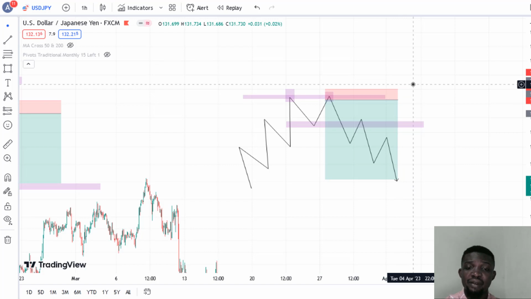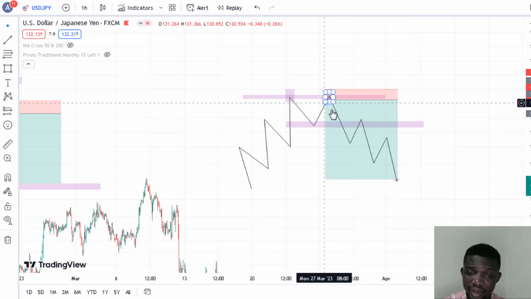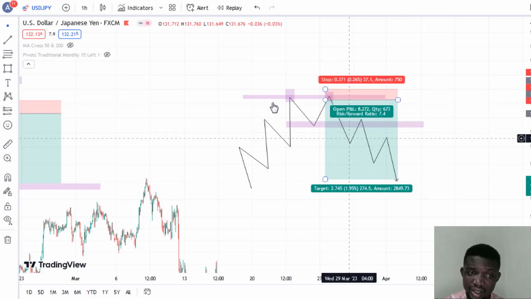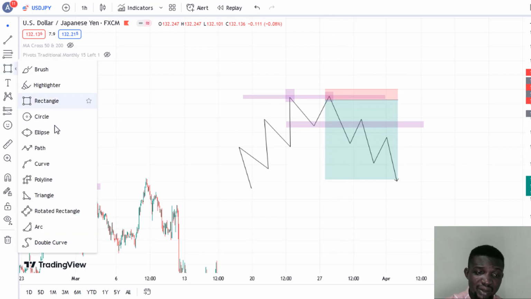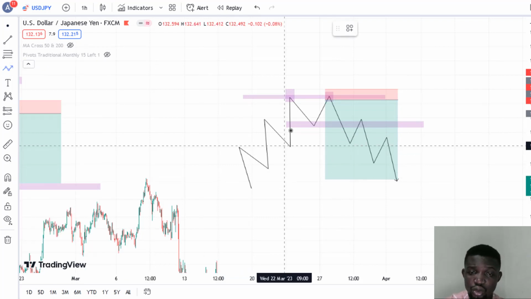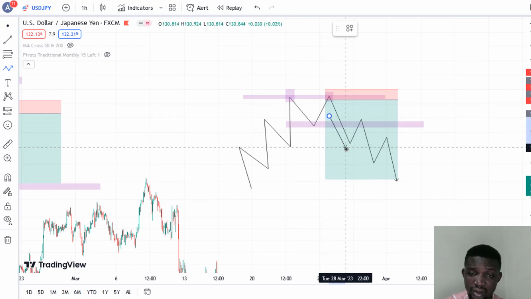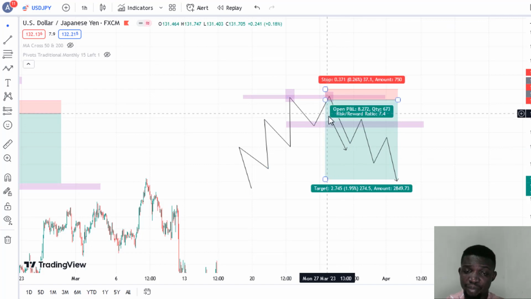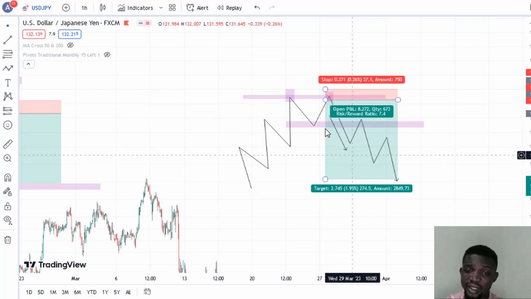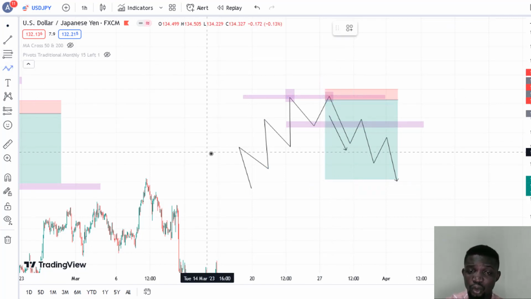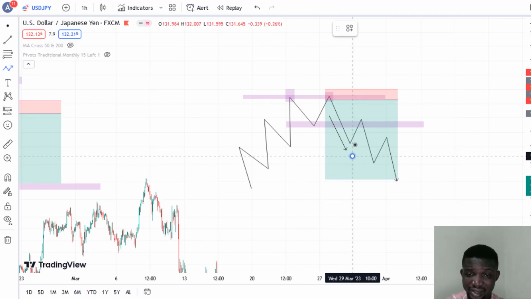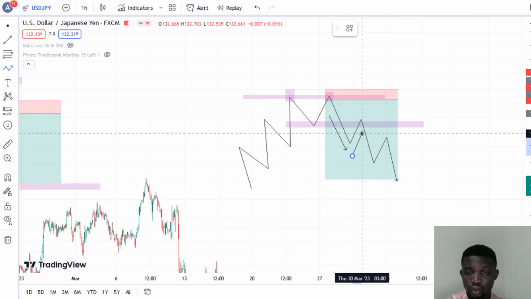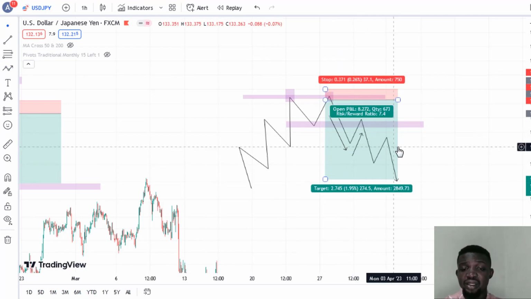Now it's very advisable to wait for a break. It's very advisable to wait for a break of the neckline, followed by a retest of this neckline.